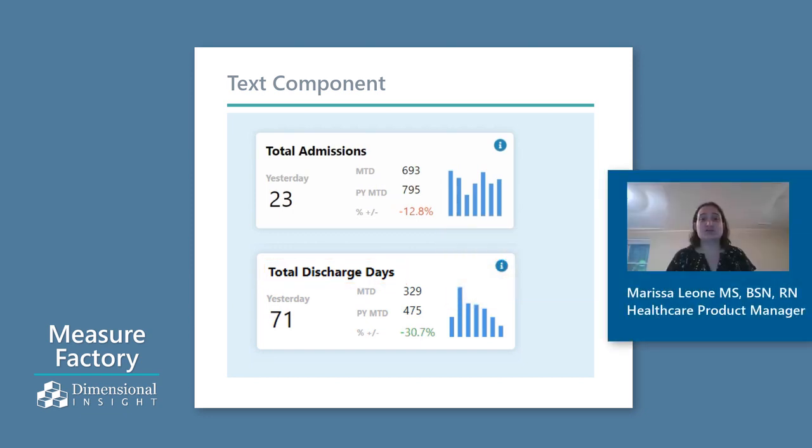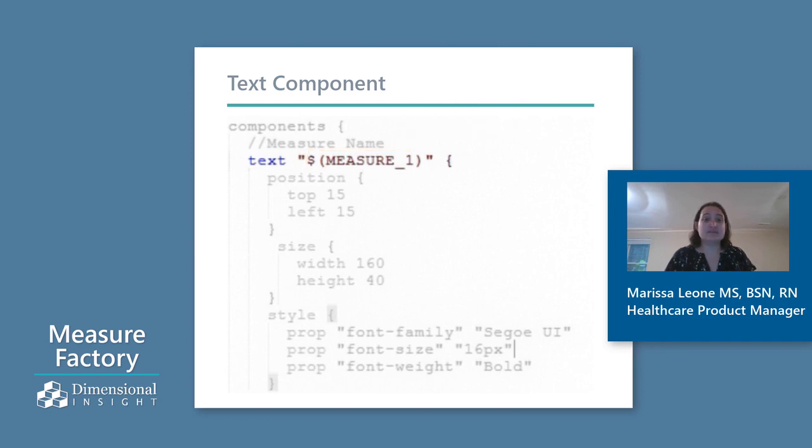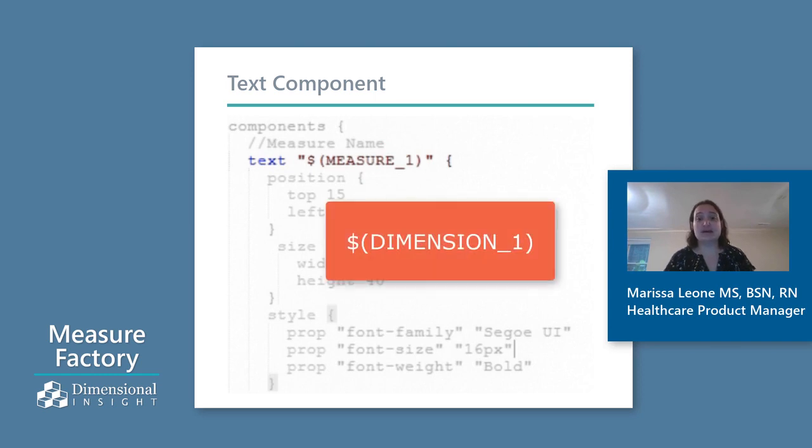So if you select a measure on the stamp and you want the label to reflect that measure, then you can use the measure one macro in the text field as we have here. If the stamp has multiple measures, then the number identifies the measure to which the neighboring attributes will apply. You can also do the same thing with dimension, where you could enter dimension_1.